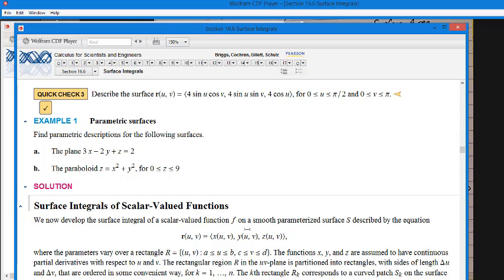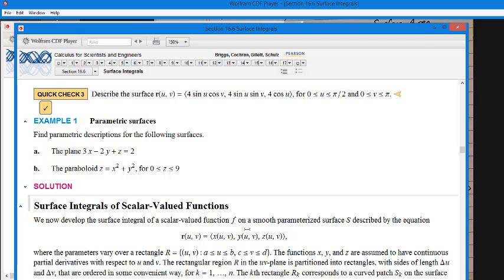Hey, what does that look an awful lot like, guys? Spherical coordinates. This is going to be a portion of a sphere of radius 4, right? Because that's like my R. Well, actually, it's my rho. Rho is 4 here.